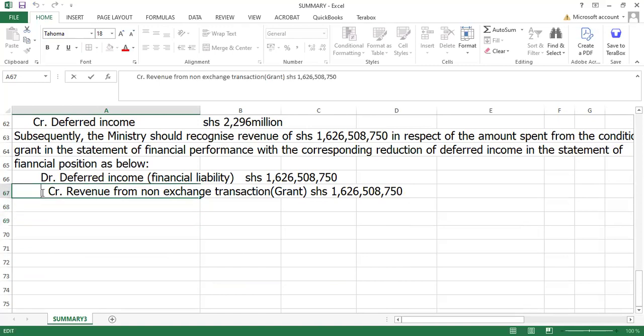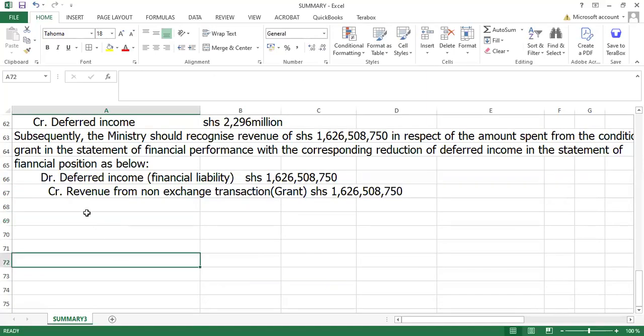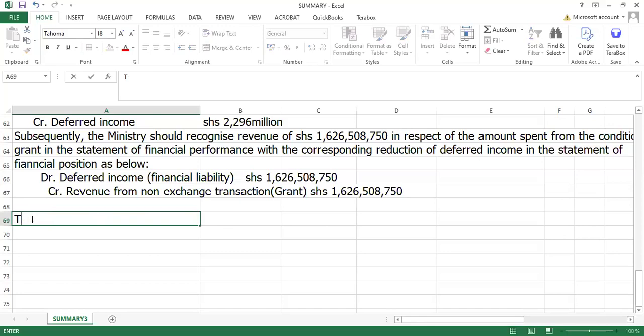So as for our question, do we have the remaining balance? Yes, we have the remaining balance, the unspent amount.